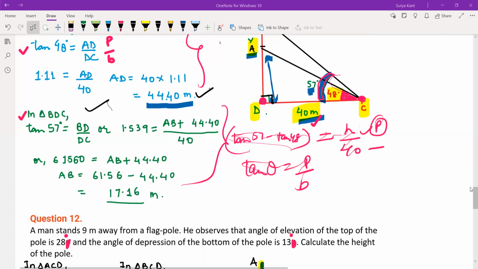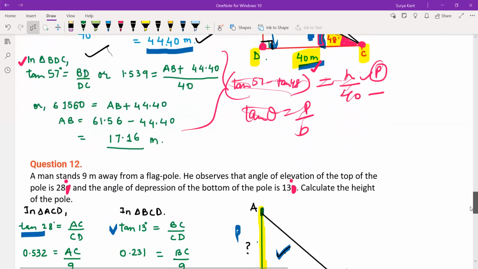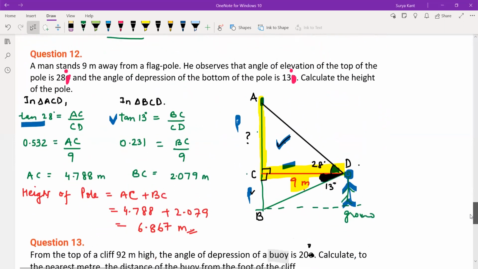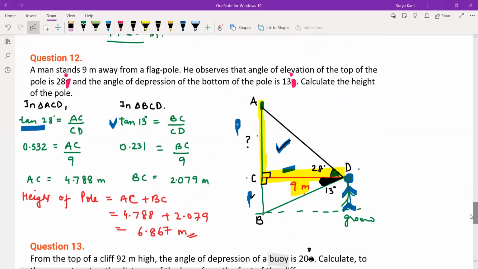Anyone got? Shall I tell you the values of 13 degree and 28 degree? Just check. Tan 13 value is 0.231. See the diagram, you are getting it or not? A man stands 9 meters away from the flag pole. He observes that the angle of elevation of the top of the pole is 28 degree and the angle of depression of the bottom of the pole is 13 degree. Calculate the height of the pole.